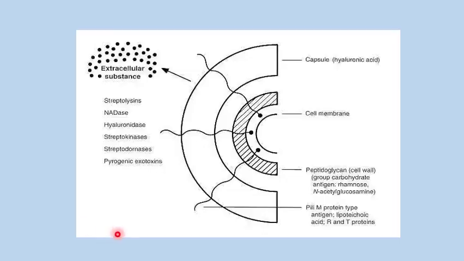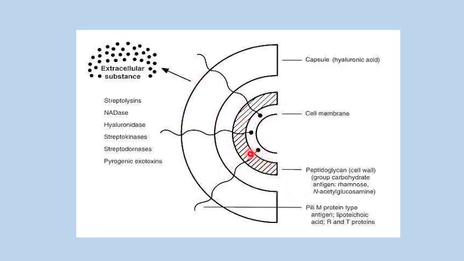Here this picture shows the structure of Streptococcus pyogenes. This is the cell membrane. These are the pili, which carry the M protein type. This is the M protein, which, as I said, looks like fringes projecting from the surface of the organism.